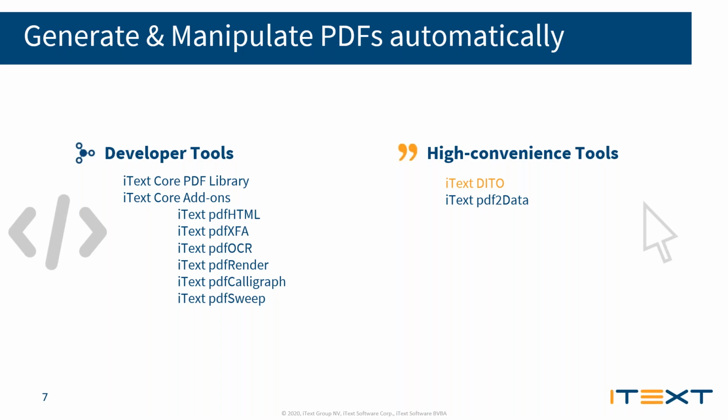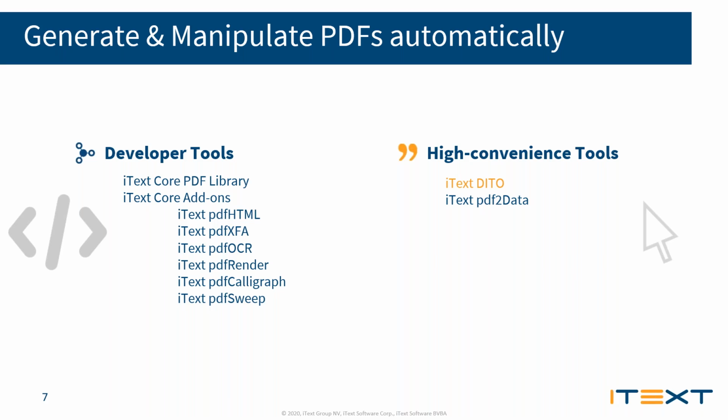Then we have that data as structured data, which we can pass on to other applications like CRM or ERP applications, or any other line of business applications that you may have. Or you can, for instance, pass that data onto something like iText Ditto that needs the data as its input.